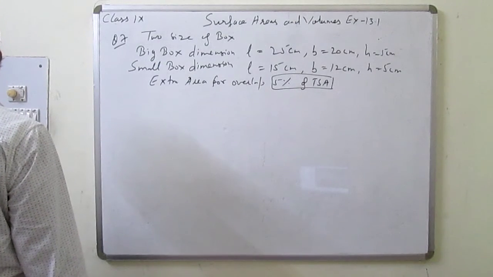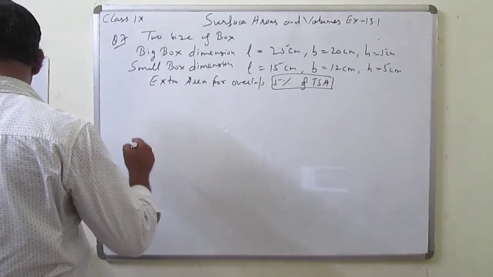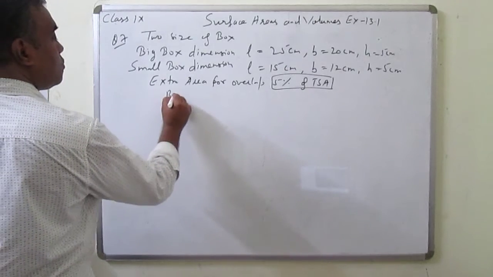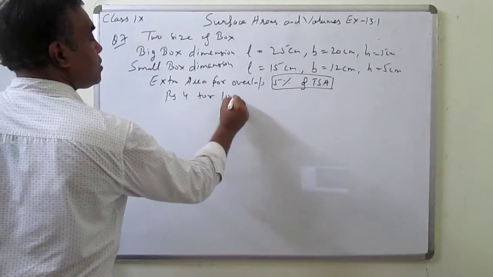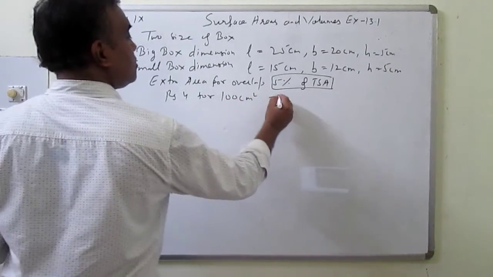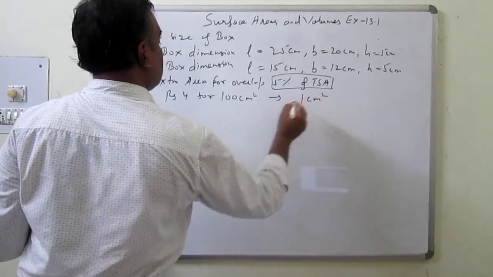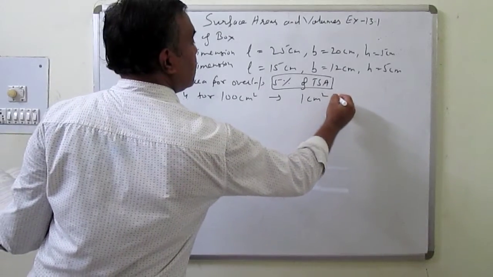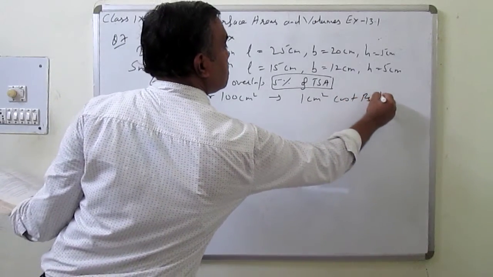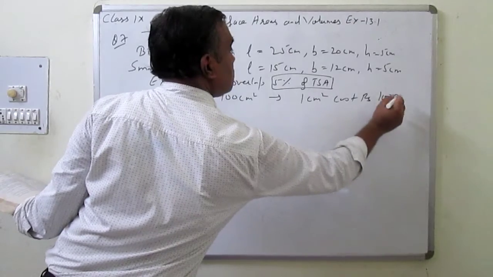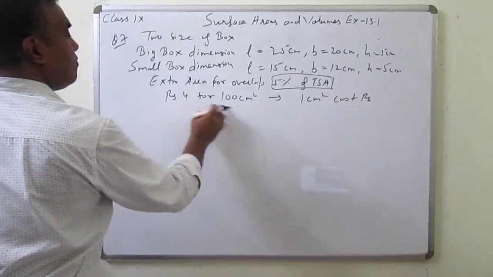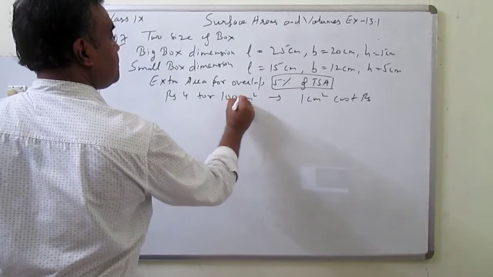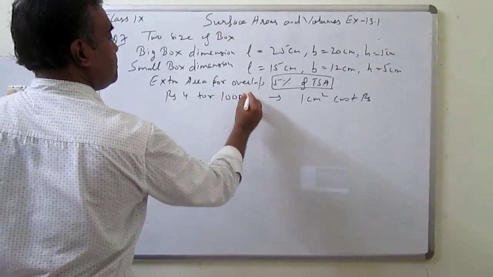If the cost of cardboard is ₹4 for 1000 centimeter square, it means 1 centimeter square cost rupees 4 upon 1000. 1000 की इतनी है तो 1 की कितनी हो जाएगी?